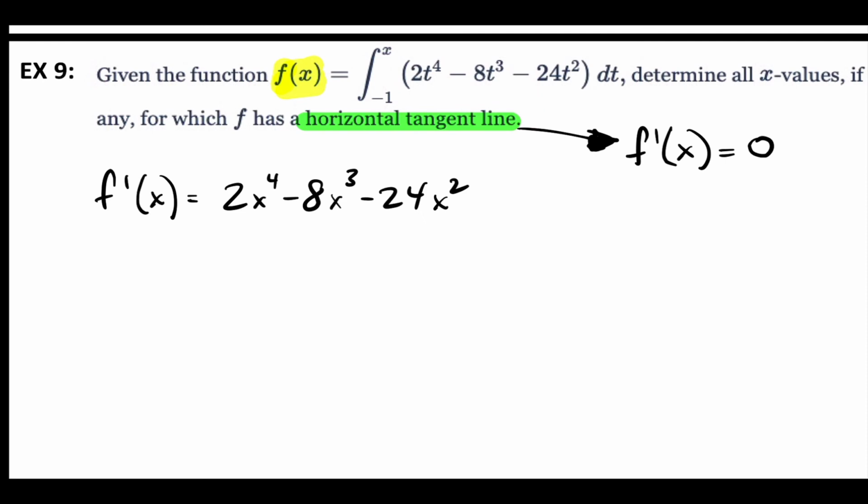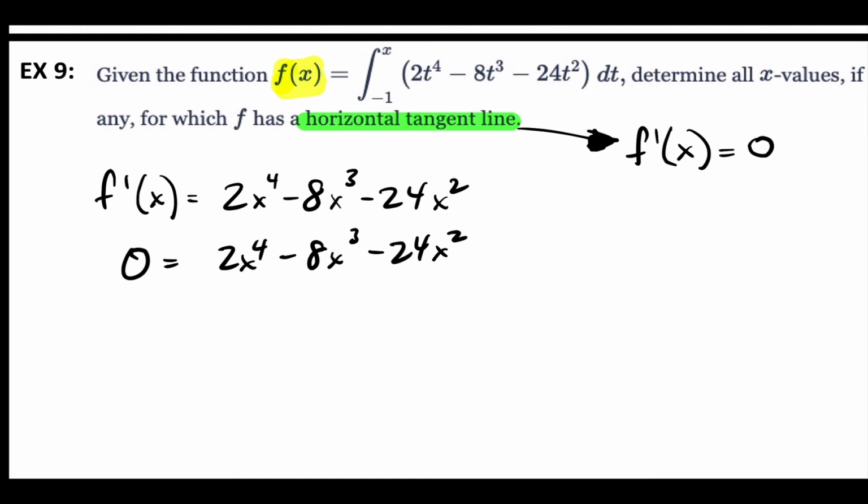Okay, so my directions say when that guy is 0, so set it equal to 0. It's a trinomial. It's got 3 terms. How do I solve a trinomial? Well, the first thing is set it equal to 0.